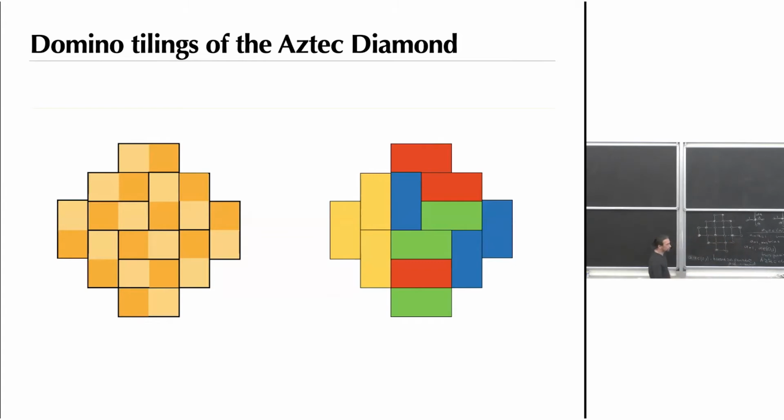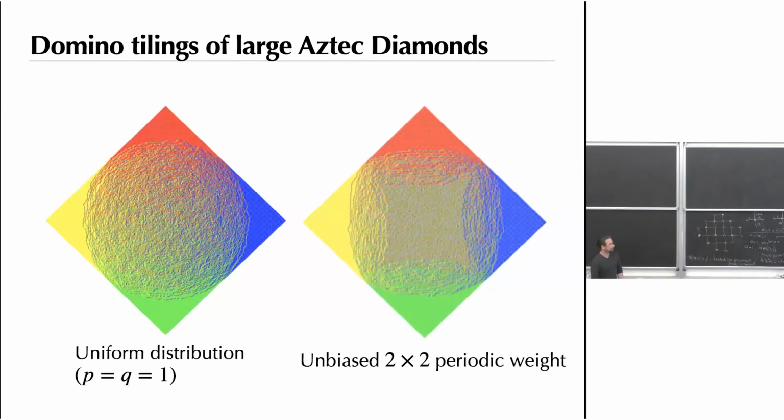We have 4 colors because we have 2 different types of vertical dominoes, those that have a black square down or a black square up. So the black square down, I give a yellow color, the black square up, I give a blue color. And then similarly for the horizontal, I turn them green and red. And then we get these type of pictures.